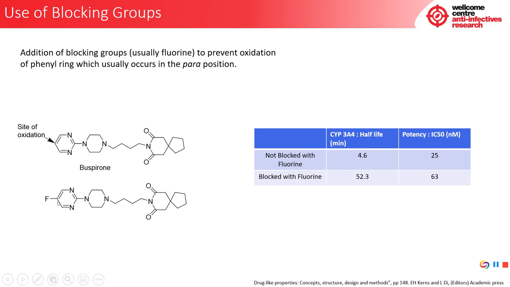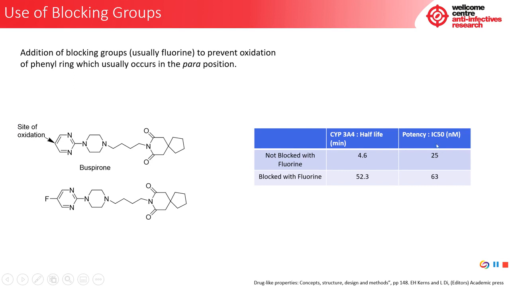But when we look at the resultant metabolic stability, we can see that for metabolism by CYP3A4, the half-life has gone up from 4.6 minutes to 52.3 minutes for the fluorine-blocked buspirone. But equally, we've had about a twofold loss in potency.